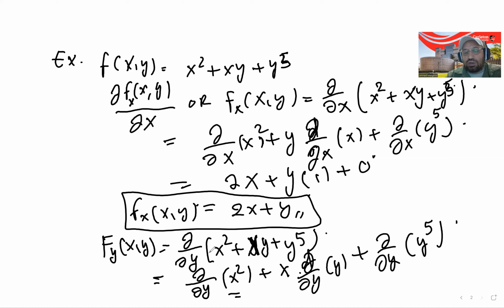Here the first is 0 because there is no y in x squared, so x is constant.